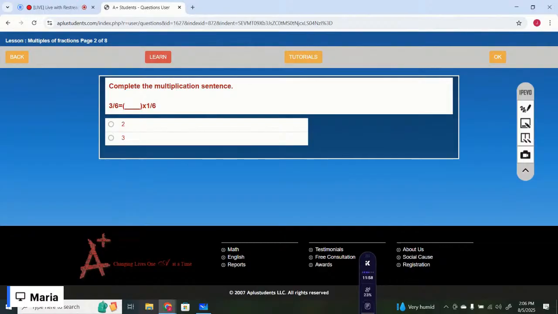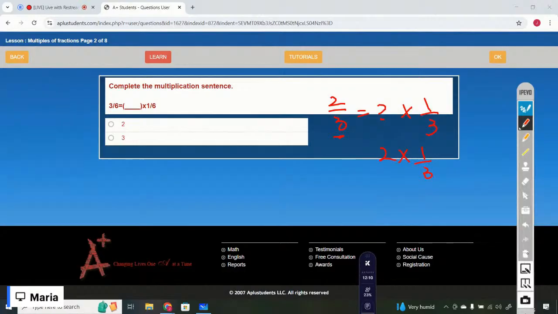Complete the multiplication sentence. 3 by 6 equals the missing number times 1 by 6. 3 by 6 equals the whole number times 1 by 6. That equals 3 times 1 by 6.